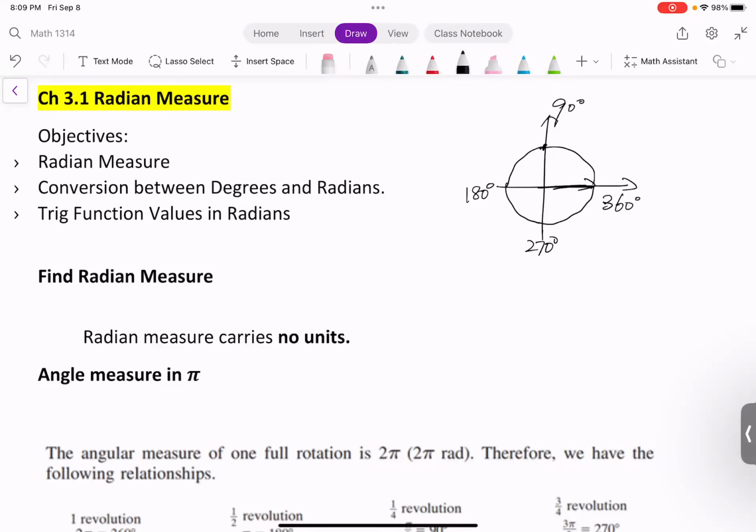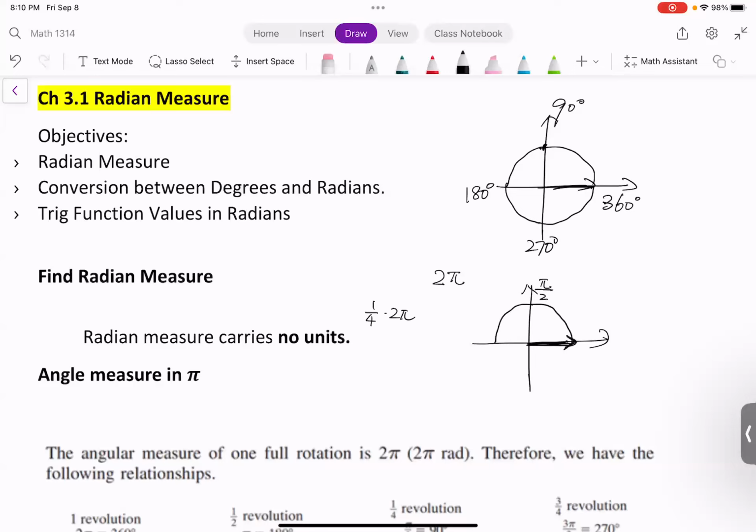Now, in the radian measure, one full rotation is 2 pi. If I have the initial side here and do the counterclockwise rotation, when I got here, this is 1/4 of the full rotation. 1/4 times the full rotation, 2 pi, we get pi over 2.